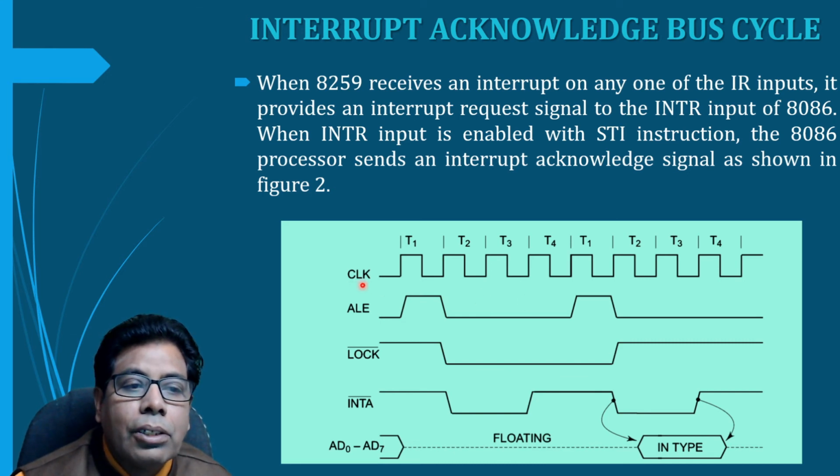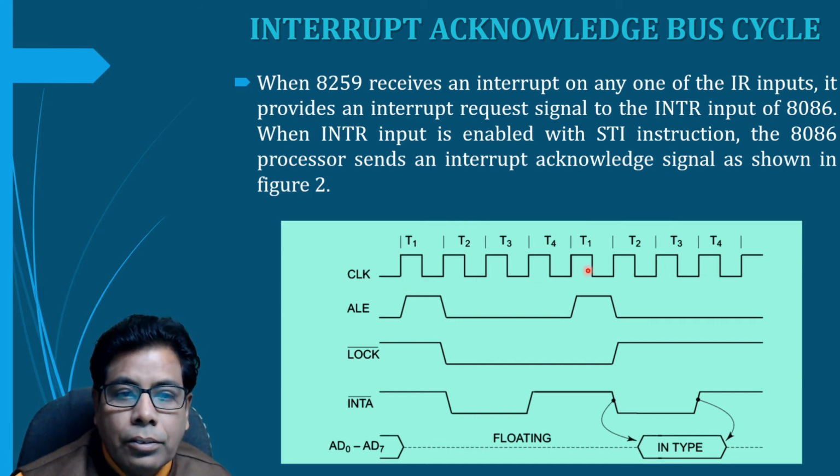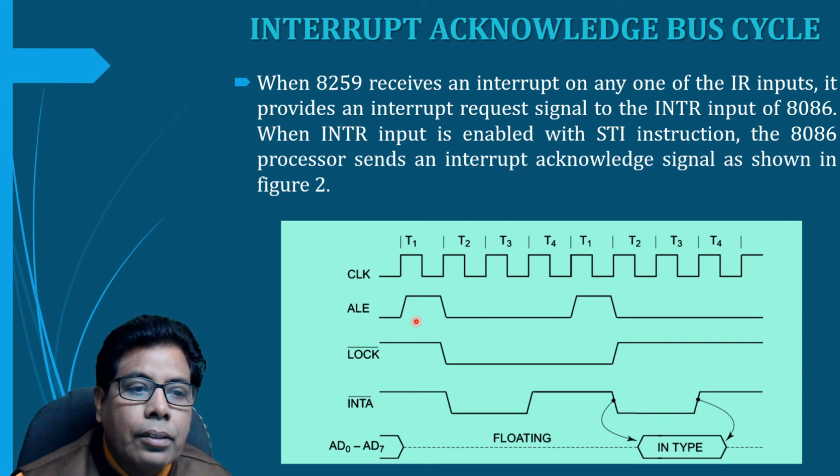So here we have the clock. These are the different states, T1, T2, T3, then T1, T2, T3, T4. And this is the ALE line, address latch enable. It is going high during T1 of each cycle. Then this is going low, and INTA bar is an active low signal.